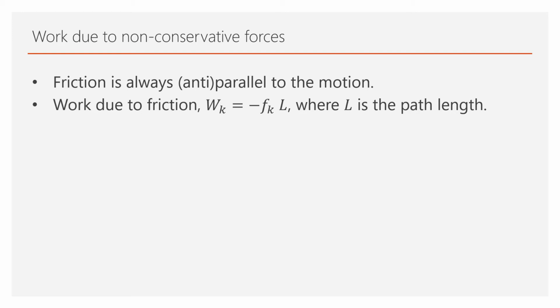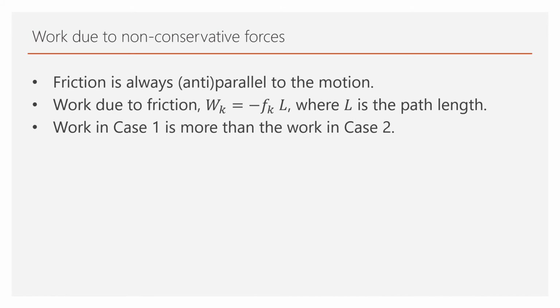And so the work is equal to negative amount of friction multiplied by the path length. So the longer the path, the more work is done by friction. The negative sign means that energy is taken out of the system. So in case 1, more work was done because the path was longer than in that of case 2.